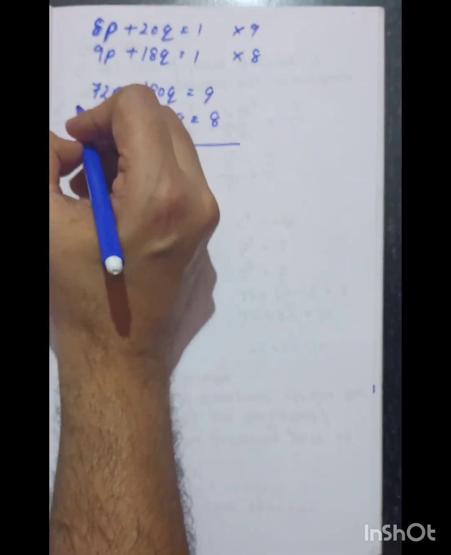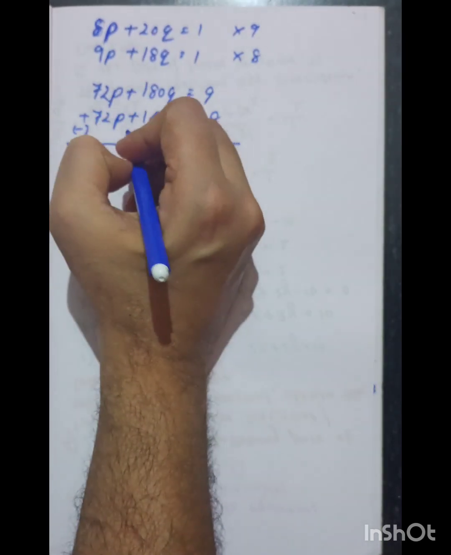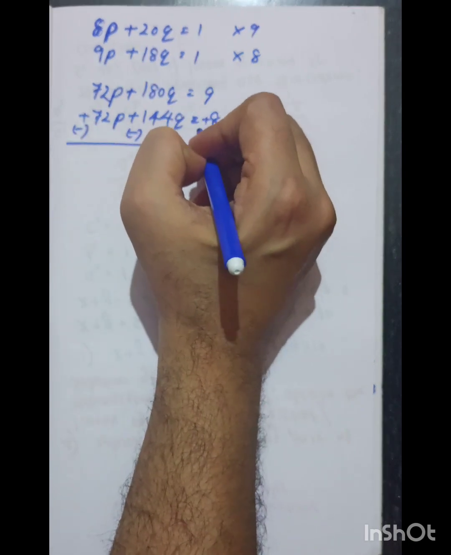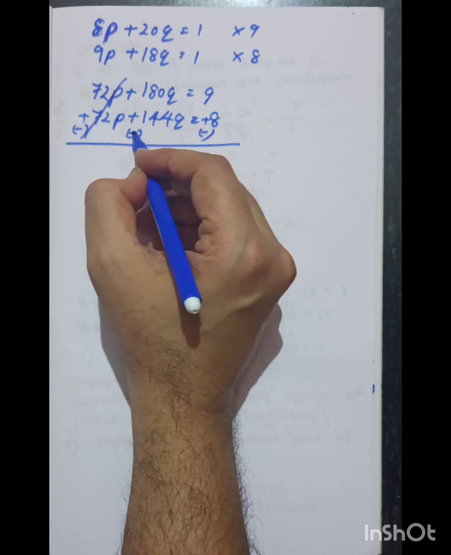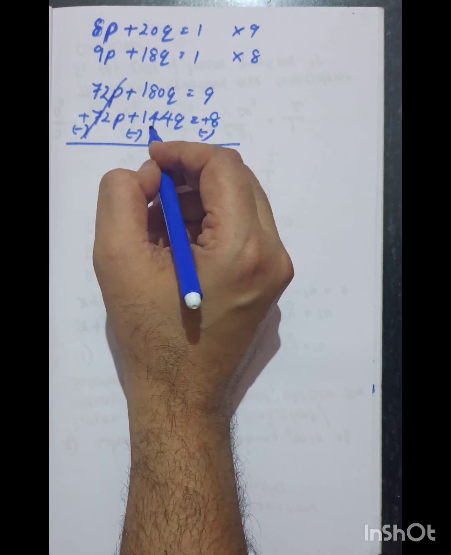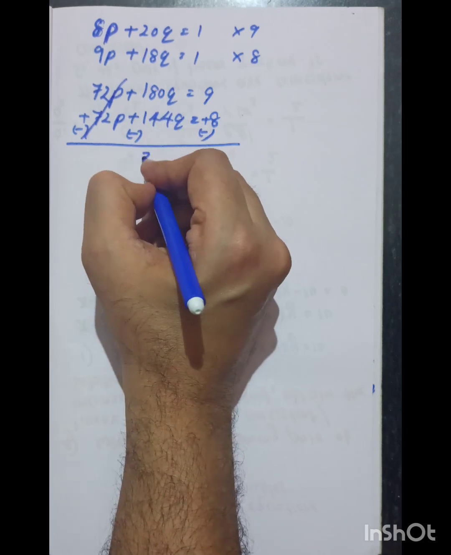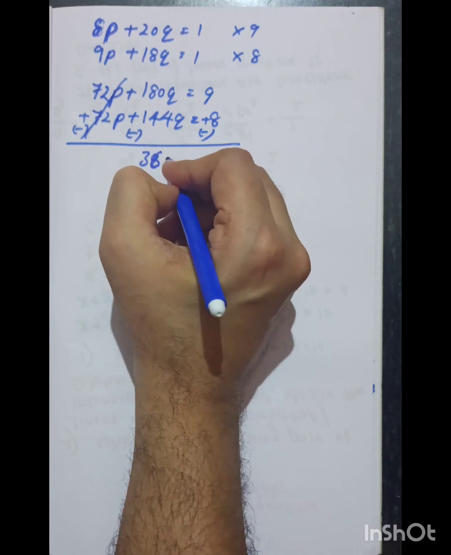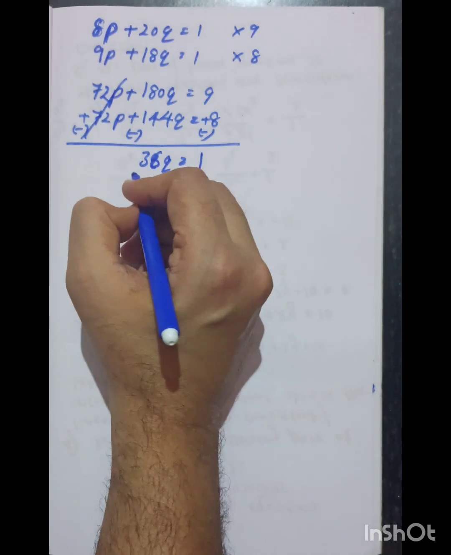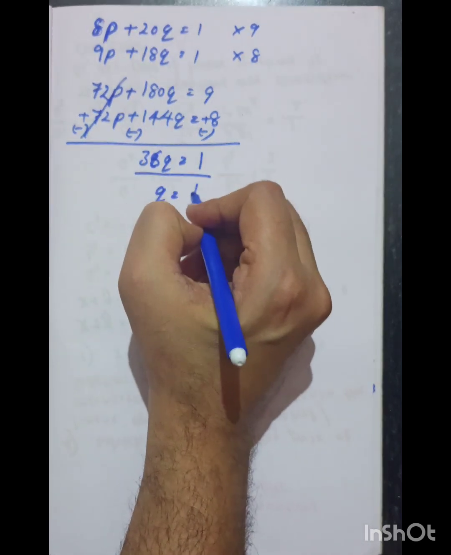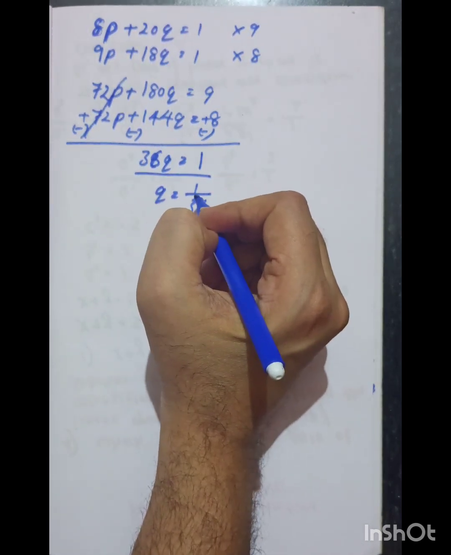Now just change the signs, plus becomes minus, this plus becomes minus, 72p get cancelled, plus 180q minus 144q, unlike sign we have to subtract, we get 36q equals 9 minus 8, that is 1. Then q equals 1 by 36.